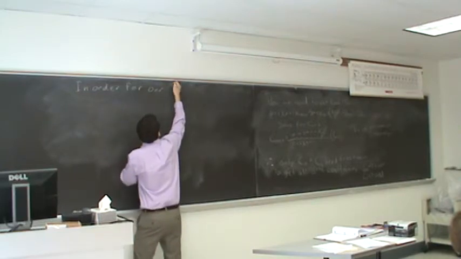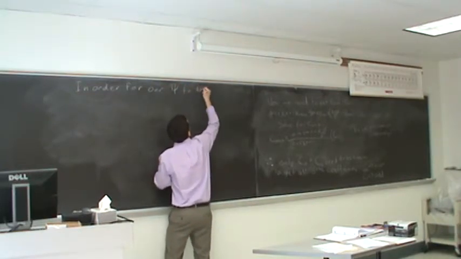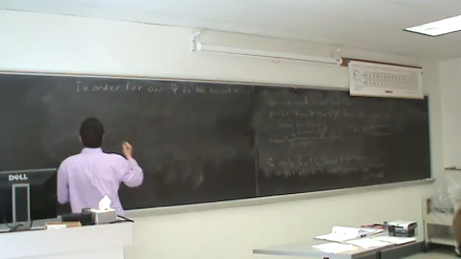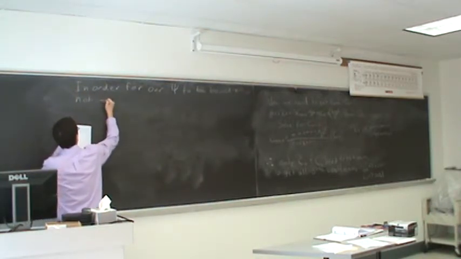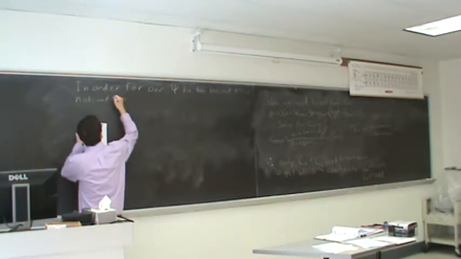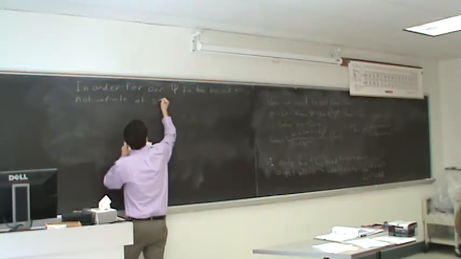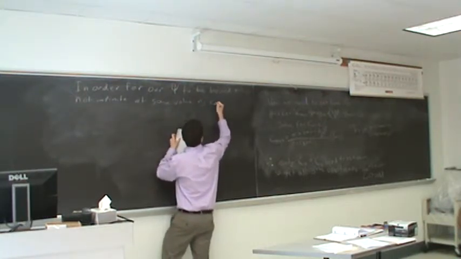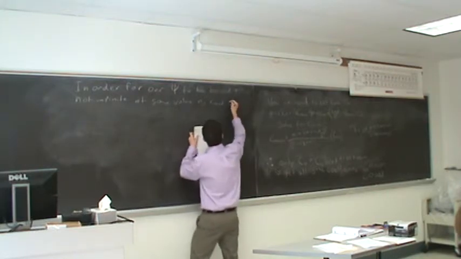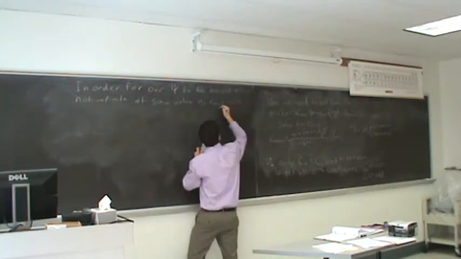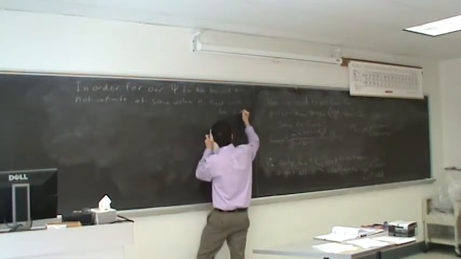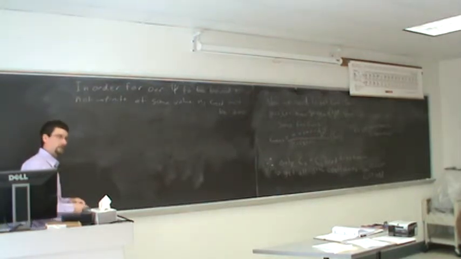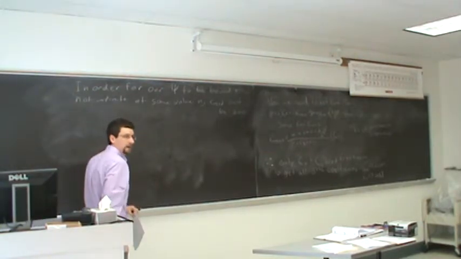Okay. So in order for our psi to be bound and not infinite, for some value of n, c sub n plus 2 must be 0. Because if we have a certain point where psi is infinite, it's not going to make any sense, right?